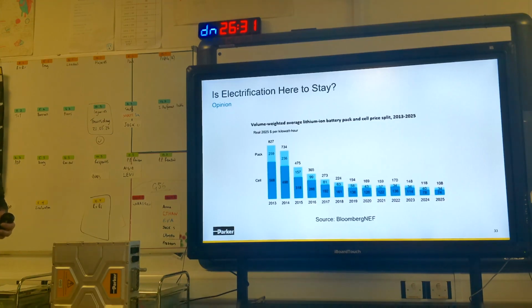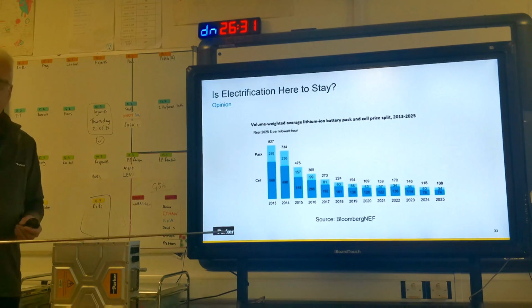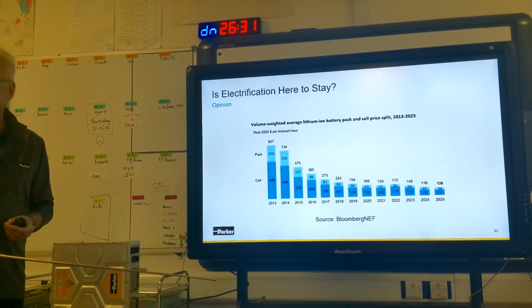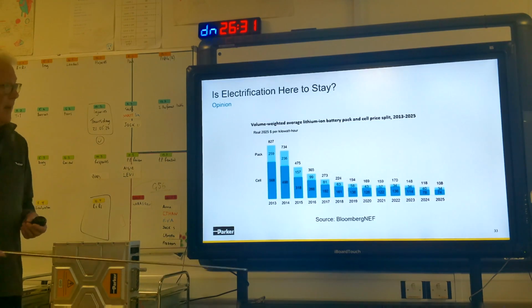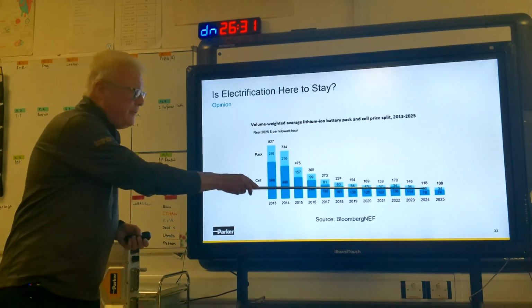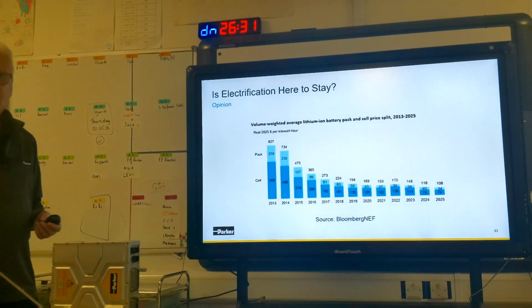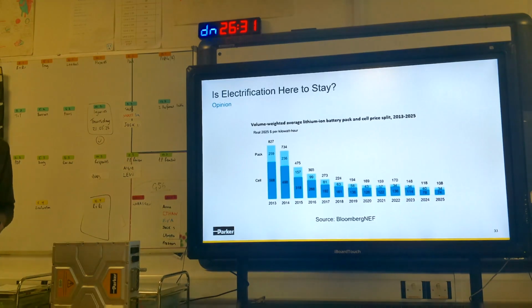And I remember prices not as being $827, but more like $1,000 a kilowatt hour. Look at the price now. Approaching $100, probably is $100 a kilowatt hour, probably even cheaper in certain parts of the world.